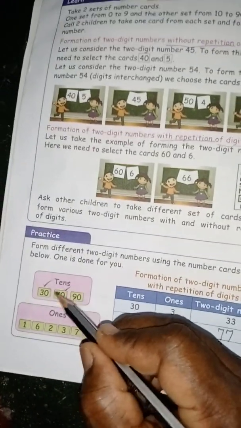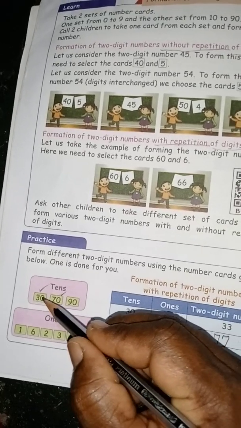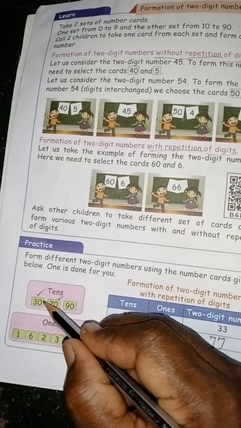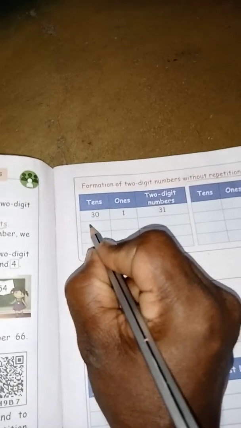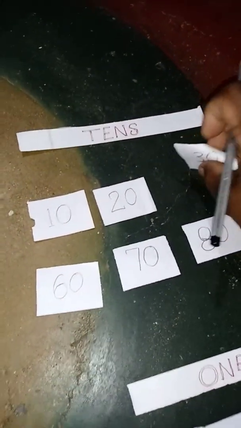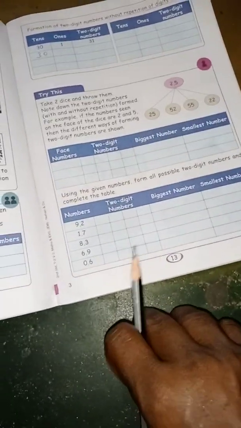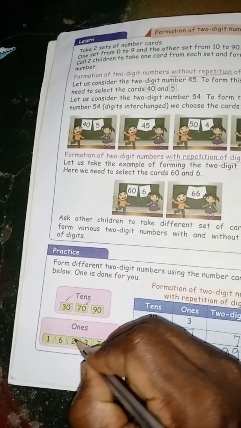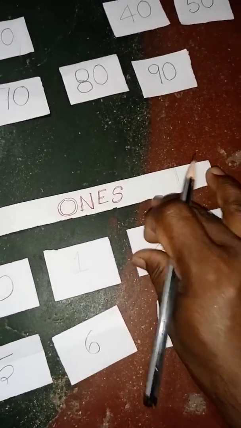Now we will select from the tens place any one number we can take. First we will take 30. So in the tens place I choose 30 here. Take 30 from the tens place, keeping it here, and again I am going to take one from the ones place, 2.